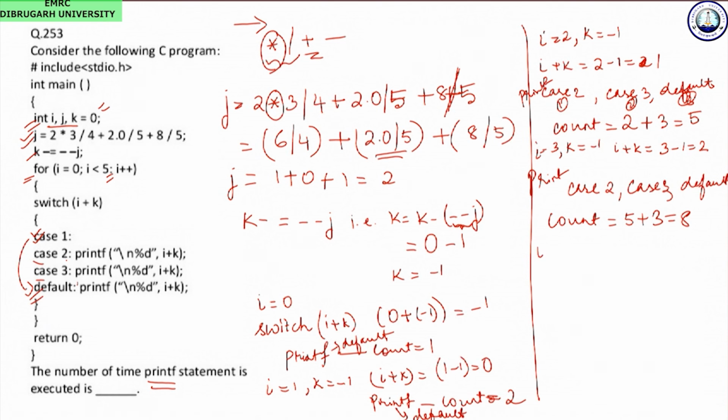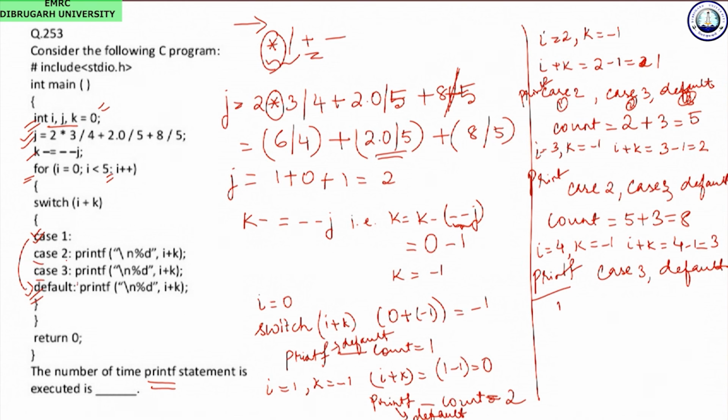Then coming to i is equal to 4 and k is equal to minus 1, your i plus k is equal to 4 minus 1 is equal to 3. In that case, it will be case 3 and default.